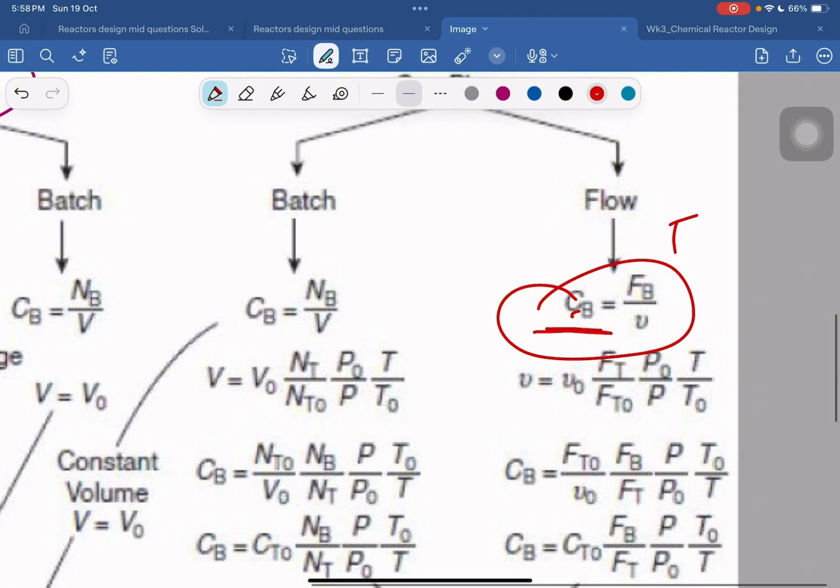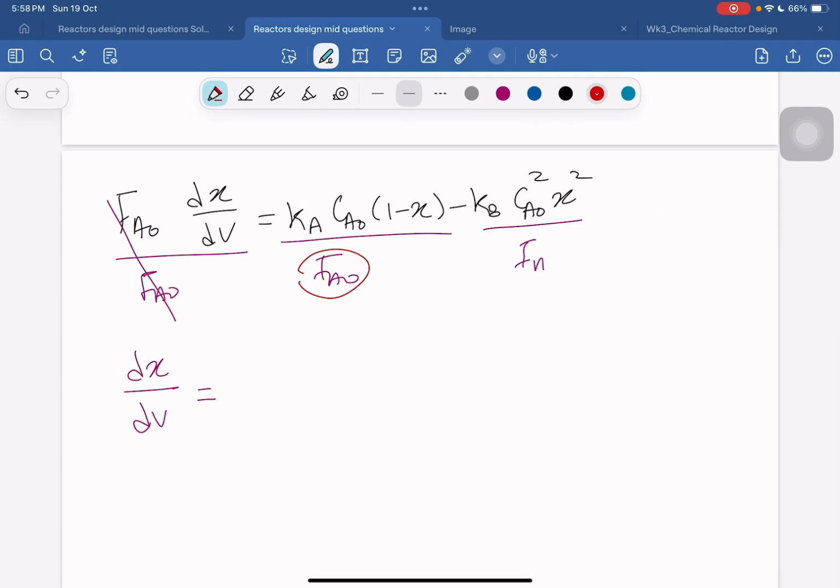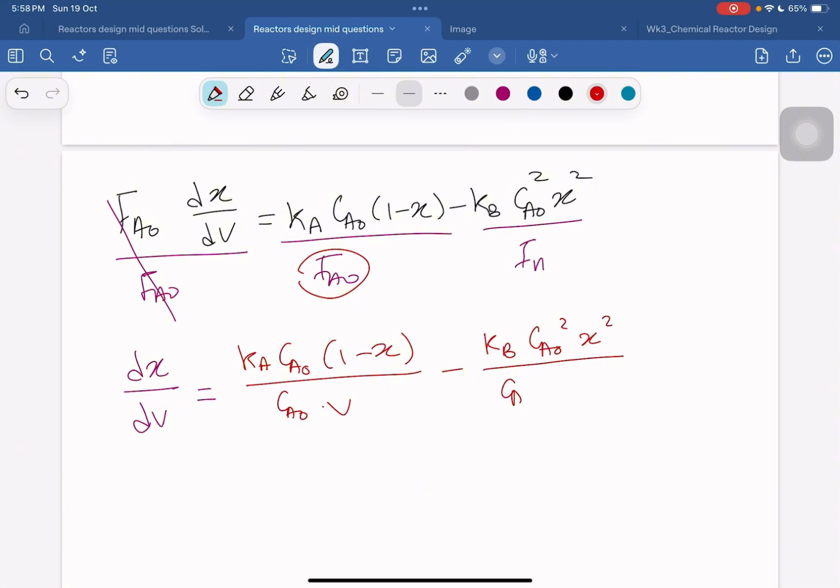So Fa naught is equal to Ca naught times V naught. So we put the equation as it is, Ka Ca naught 1 minus x over, instead of Fa naught we put Ca naught times V, minus Kb Ca naught squared x squared over Ca naught times V.